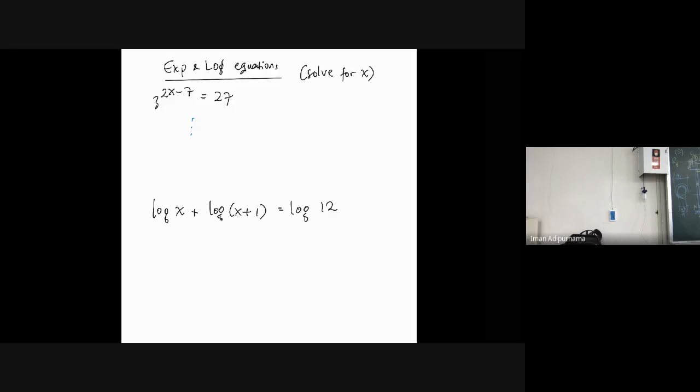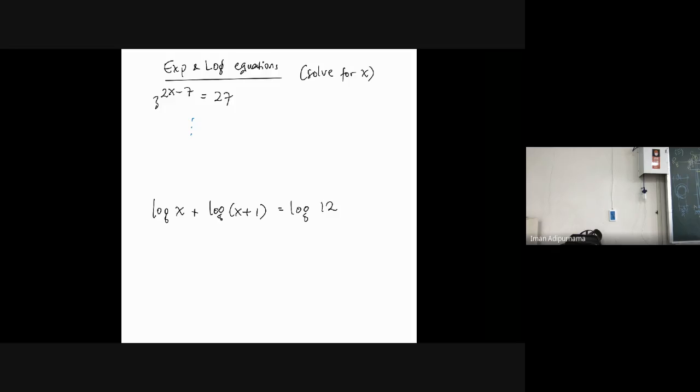Yeah, just write log 12, and then, okay, same base, right? So the inside should be the same. Then you just equal this inside, and solve the x. Okay, you have two, right? But is that correct? If you use -2 here, it's log -4.